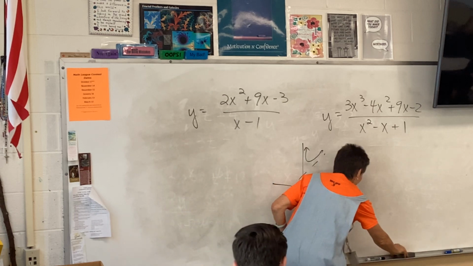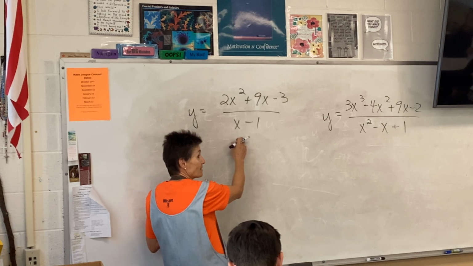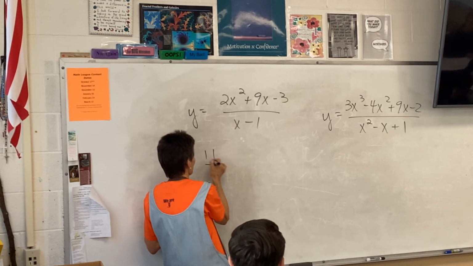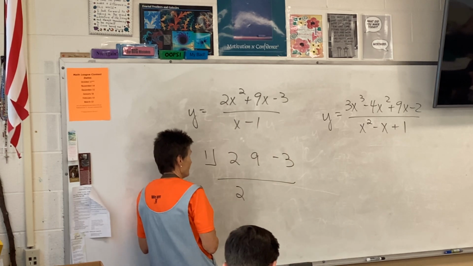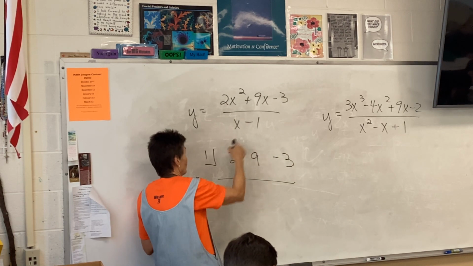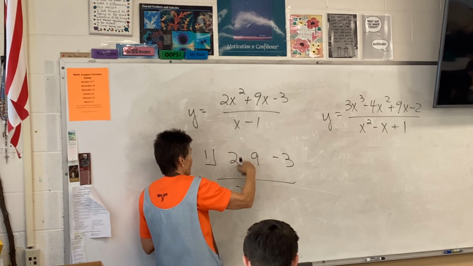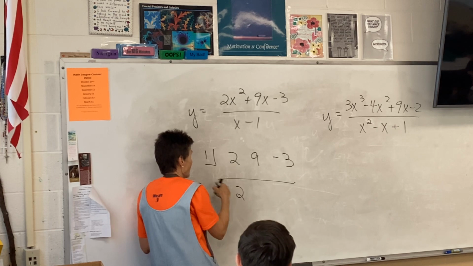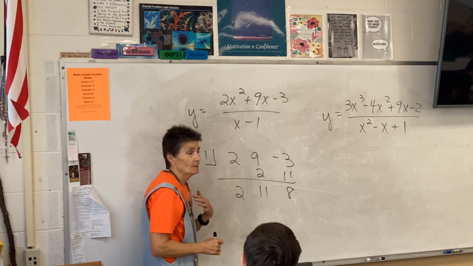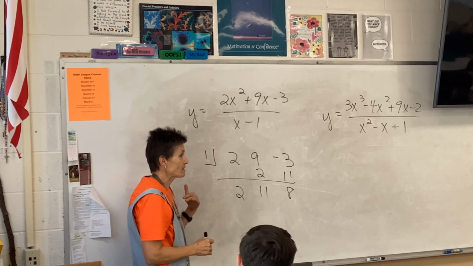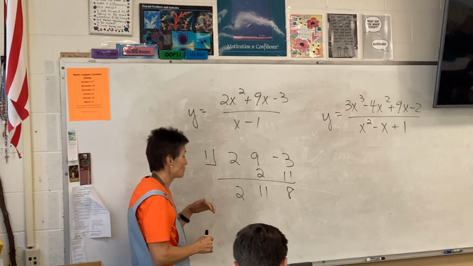All right, so how did we say we were going to find our slant asymptote? We did synthetic division. So let's review that real quick. We went over it the other day, so I don't feel the need to do it in great detail here. But put a 1 out here in the box, the opposite of what I see here. There are my coefficients, drop the 2 straight down, and then that's what I end up with. Now, when I do synthetic division, I take the letters out. So to get my answer, I have to put the letters back in.